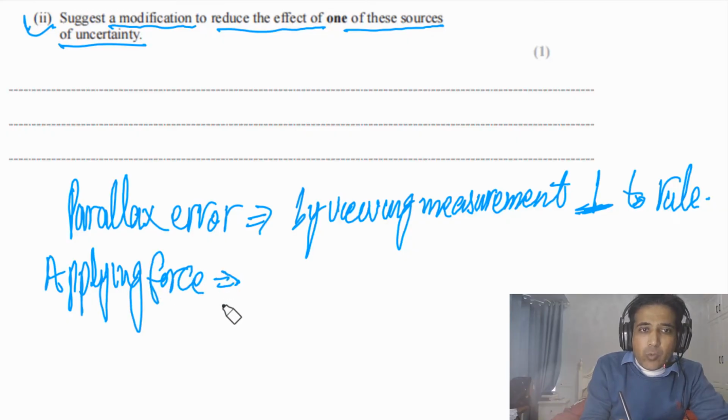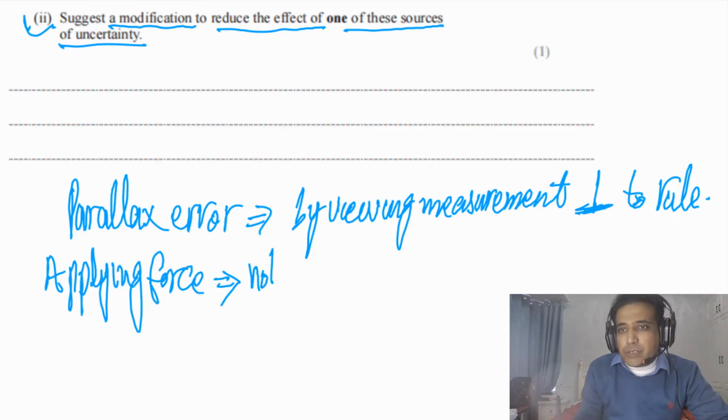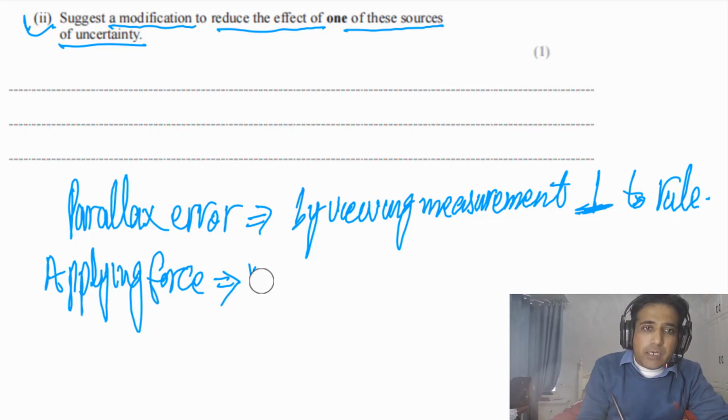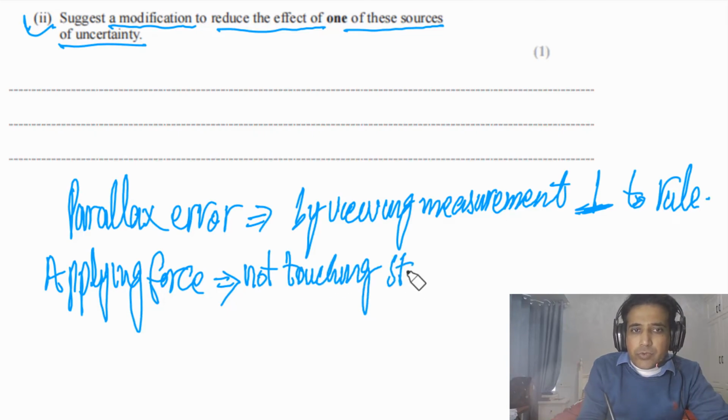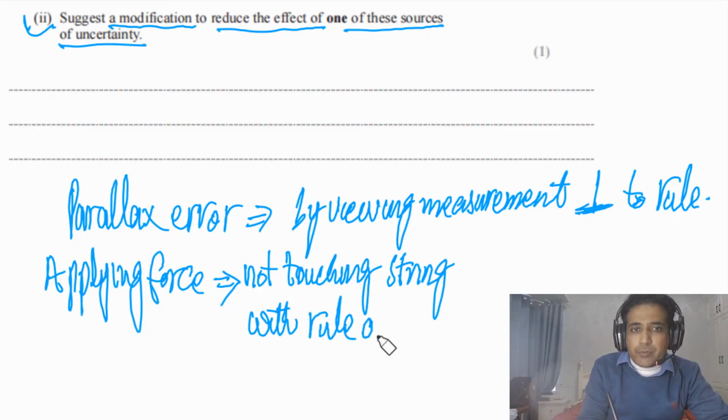So we can avoid applying force by not touching the string with the meter rule and protractor.